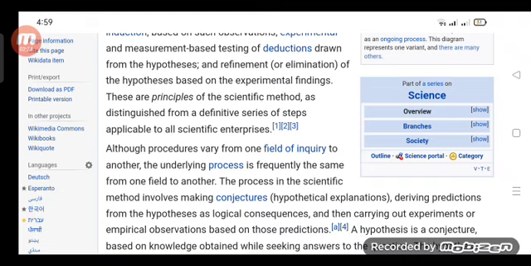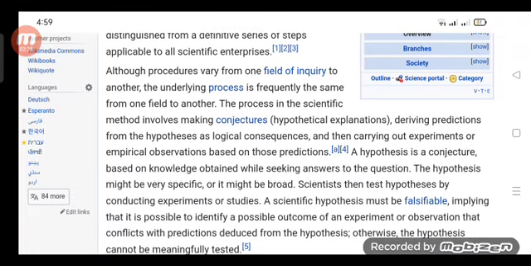A hypothesis is a conjecture based on knowledge obtained while seeking answers to the question. The hypothesis might be very specific or it might be broad.